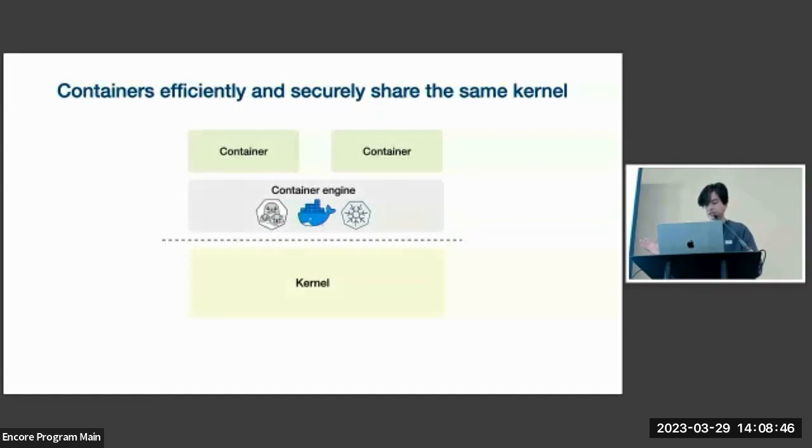So let's take a look at this well-known diagram. Containers run on top of container engines, which run on top of the kernel. We might have the impression that container engines such as Docker provide isolation between containers, but actually it is the kernel which does it.